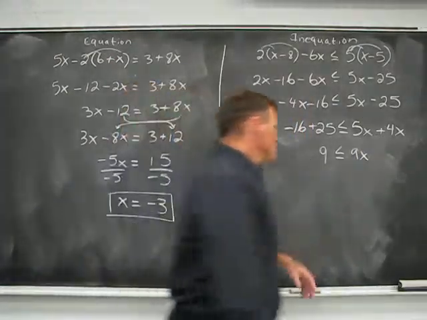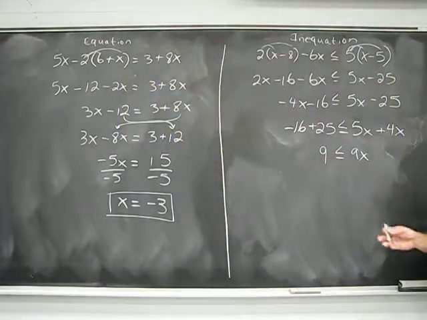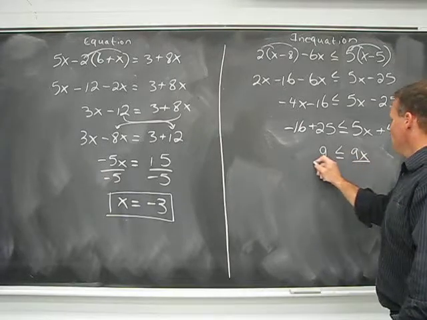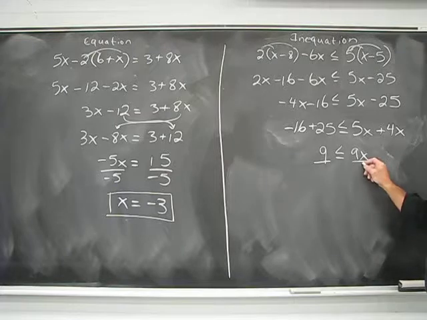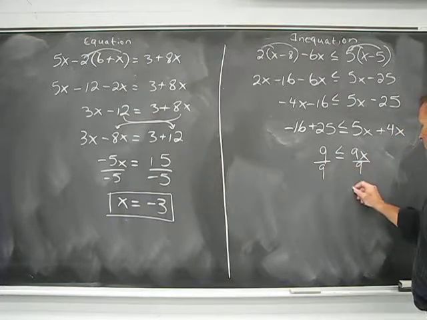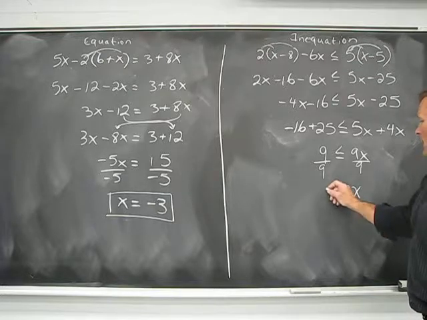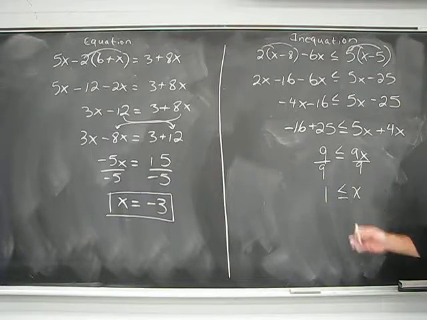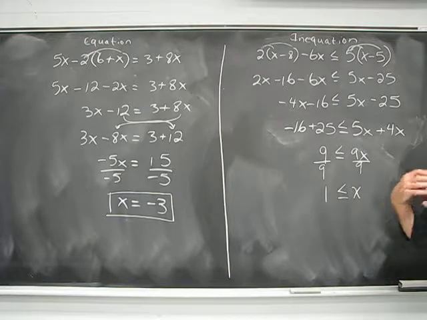Notice, same situation except that the letter is on the right hand side, and both of these terms are now positive. So I don't have to think about dividing by a negative, I just divide by the positive 9. And this gives me, on the right, just x, and on the left, 1. Now, I'm not going to read this as 1 less than or equal to x. That doesn't flow nicely.